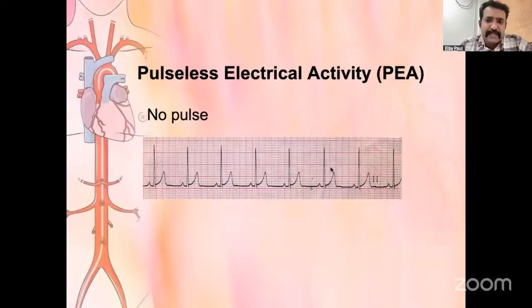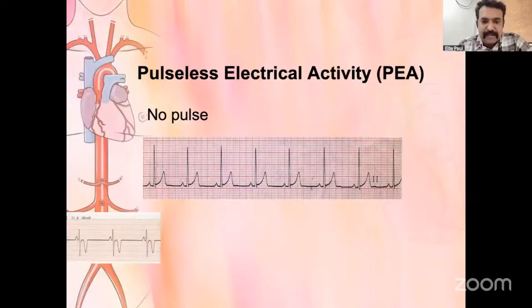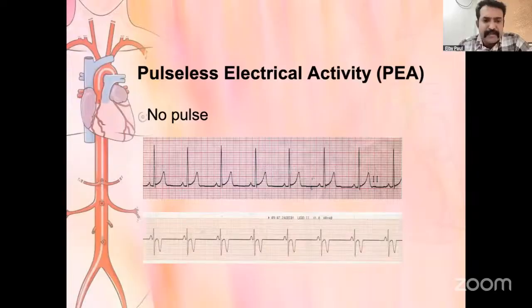So again, for any changes in the ECG, you have to physically check the pulse on the carotid artery of an unconscious victim. If there is no pulse, start CPR. This situation is called pulseless electrical activity, PEA. The ECG can look normal, but with no pulse. The intervention is to start CPR immediately, no shock, and give epinephrine as early as possible. Again, in the second ECG, it also looks the same, but no pulse, so you have to start CPR.